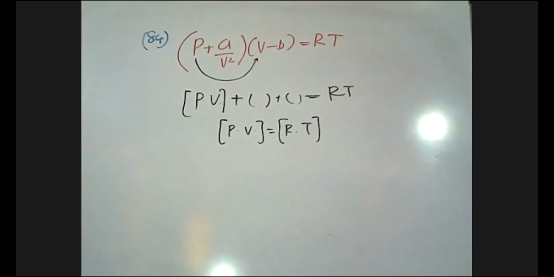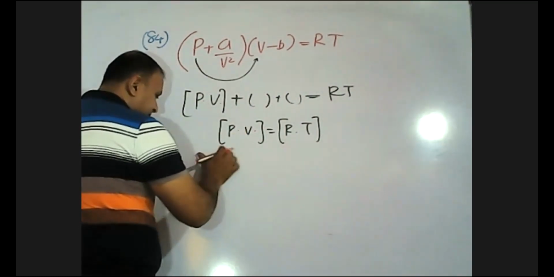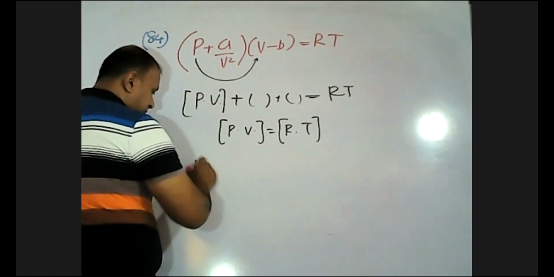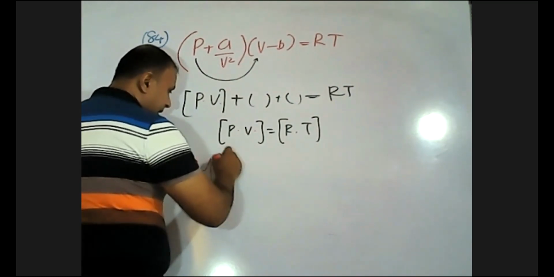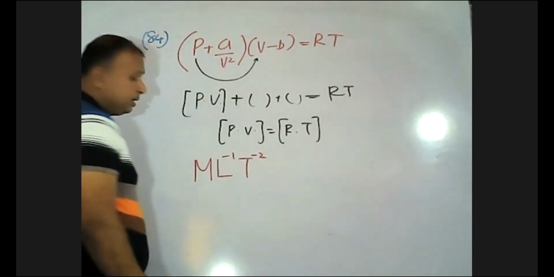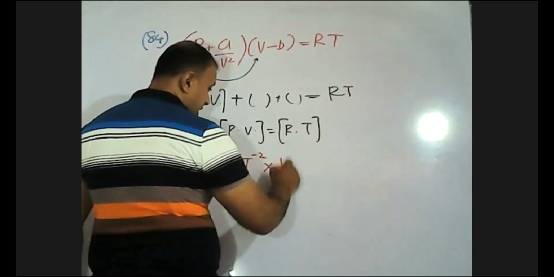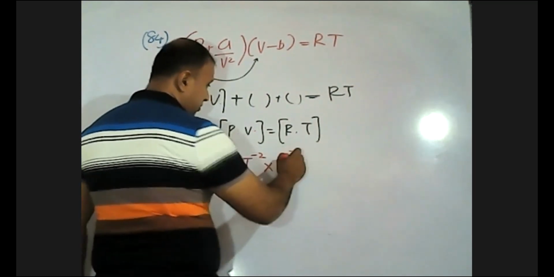Now you can simplify this one. V is a volume. The dimension of pressure is M L^-1 T^-2. The dimension of volume is L to the power 3.